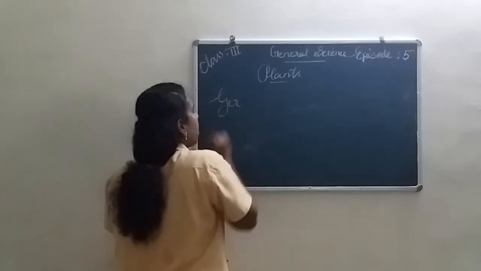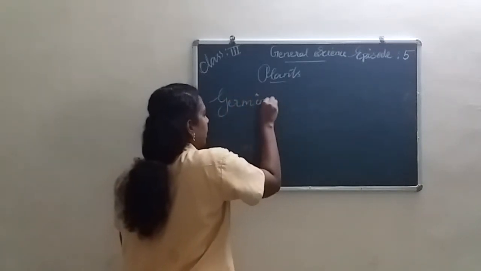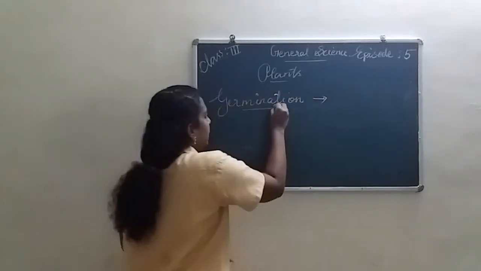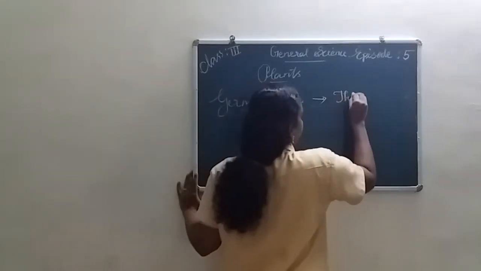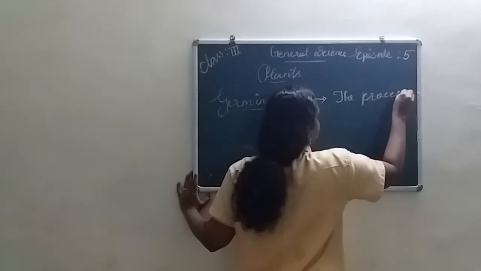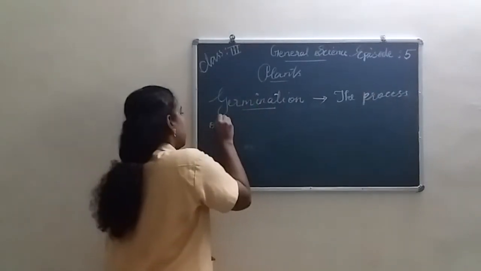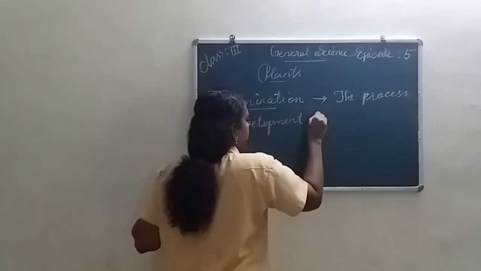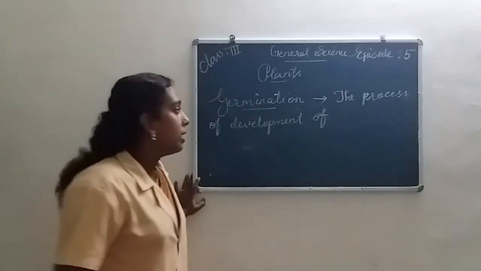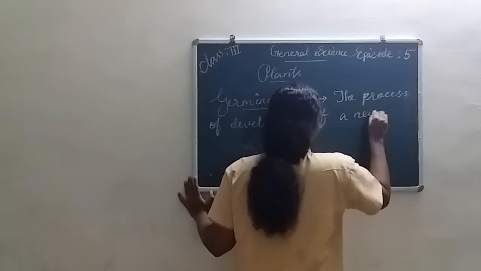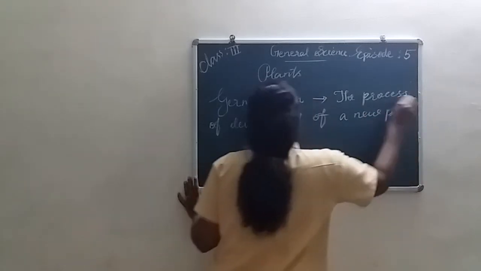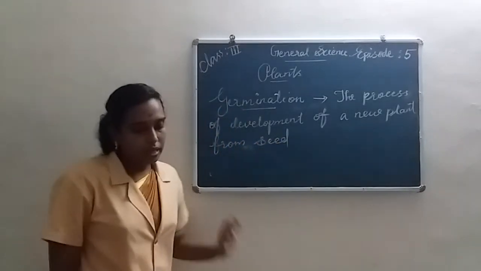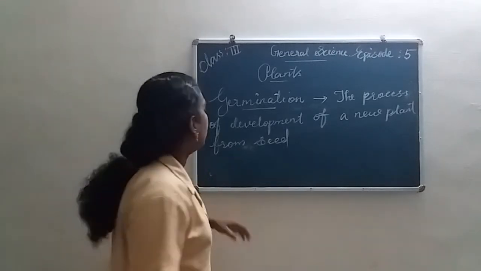Spelling: germination. Simply we can say germination means the process of development of a new plant from a seed.